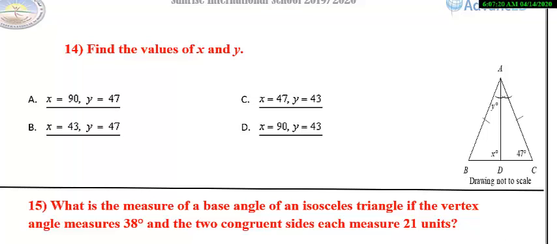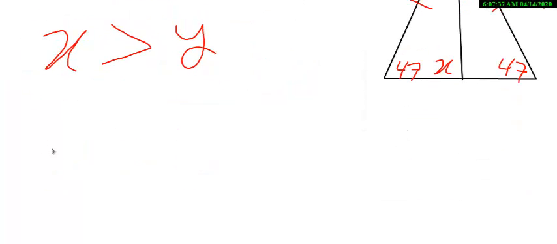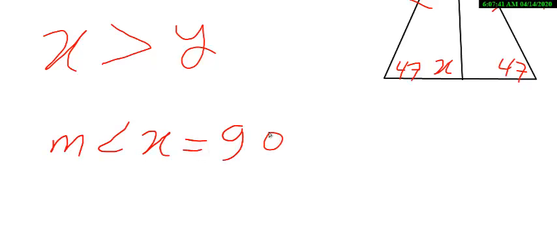So I can get a conclusion that the measure of angle X will be 90 degrees. Why? Because this is perpendicular, because it comes out from the vertex of the isosceles and bisects the vertex, which is called the angle bisector.